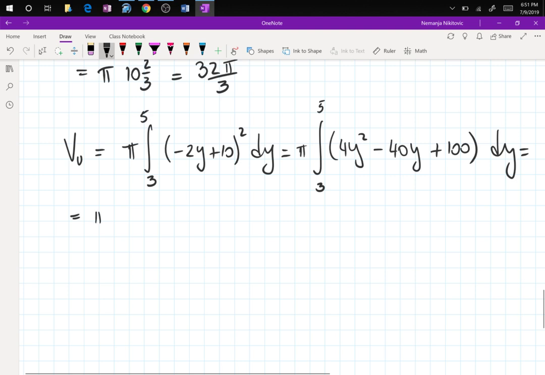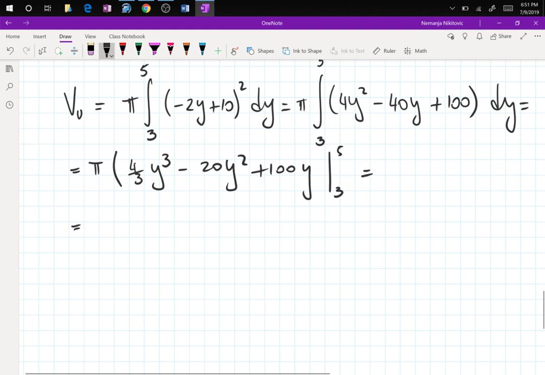We have pi, and now we're going to integrate, which means, open parenthesis, 4/3 y cubed minus 20y squared plus 100y computed from 3 to 5.